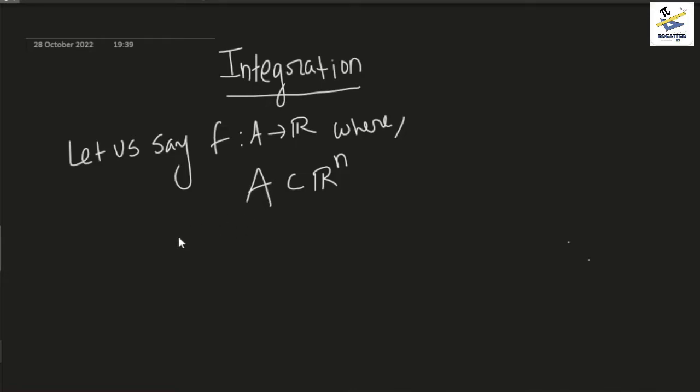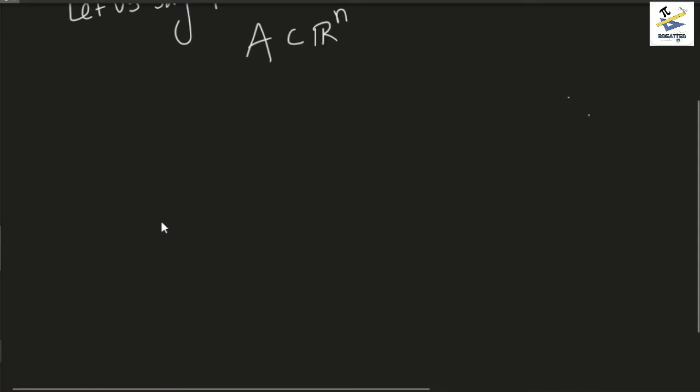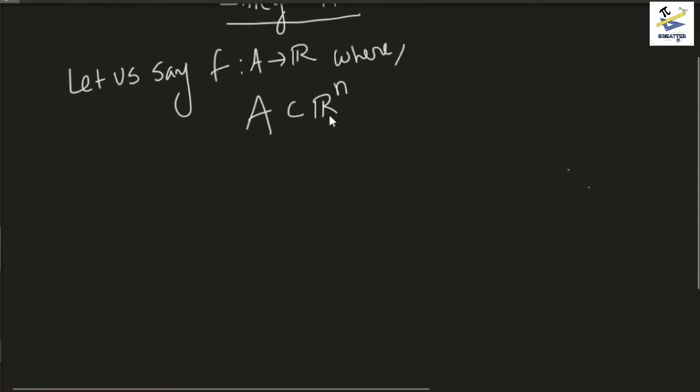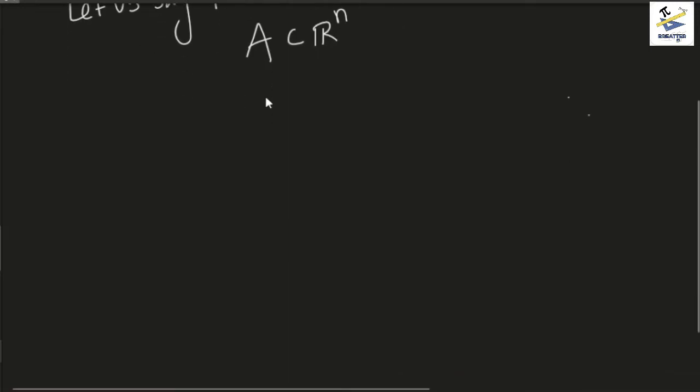Now recall single variable calculus: let us not worry for a second that A is literally an R to the power n subset, but just consider it as a subset, and we are trying to reciprocate what we do in single variable calculus.